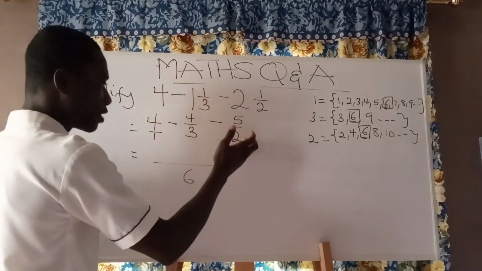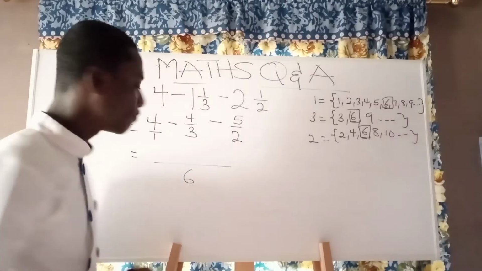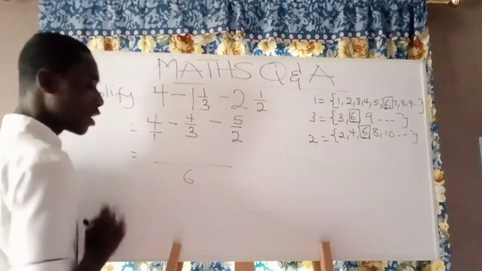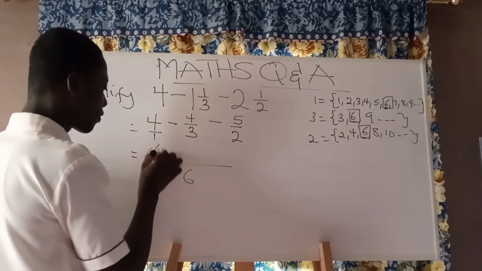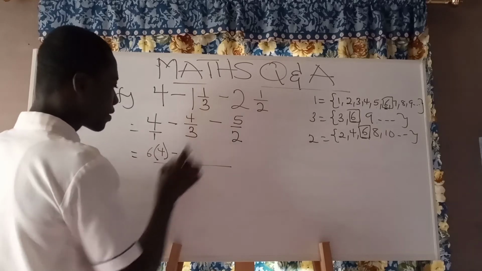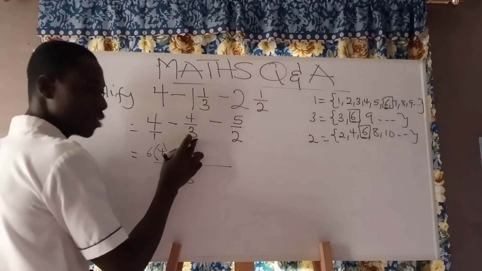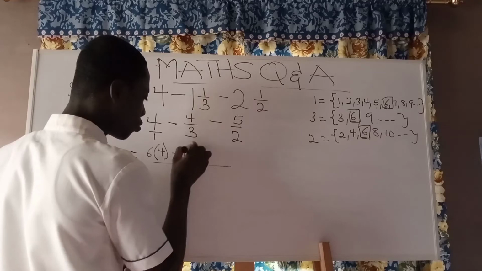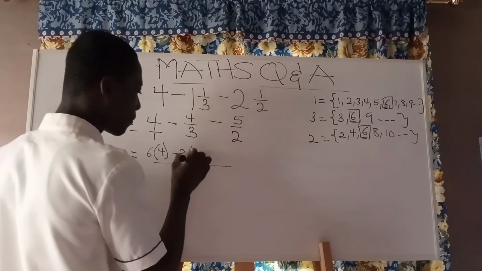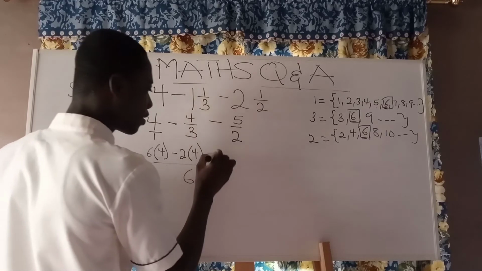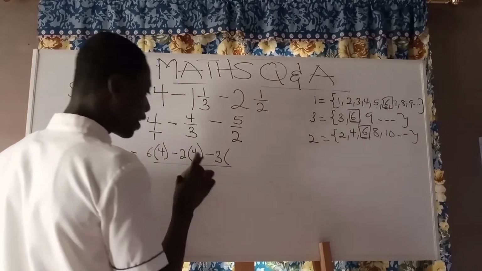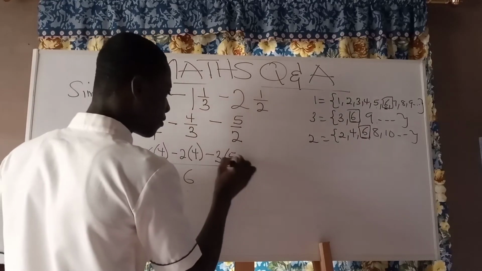So 6 divided by 1 is 6. You multiply it by the numerator 4. Minus, 6 divided by 3 is 2. Multiply it by the numerator 4. Minus, 6 divided by 2 is 3. Multiply it by the numerator 5.